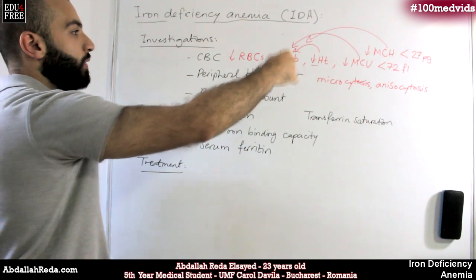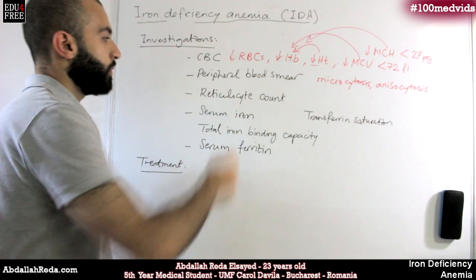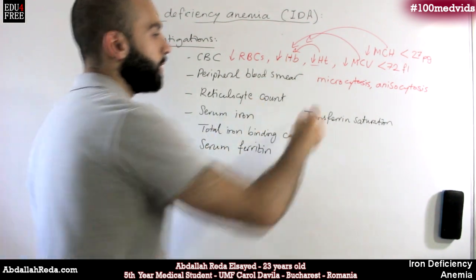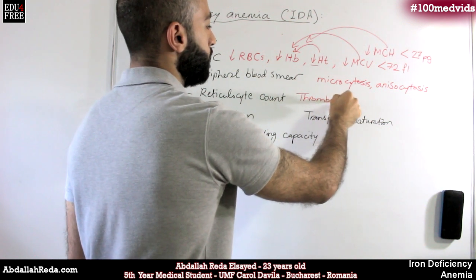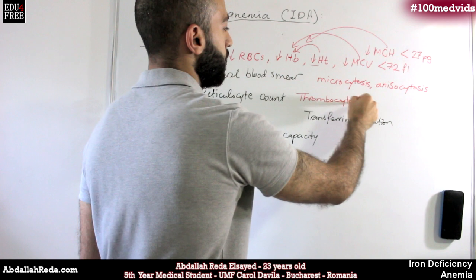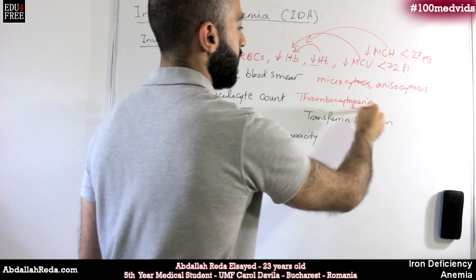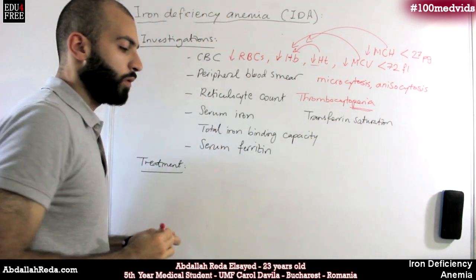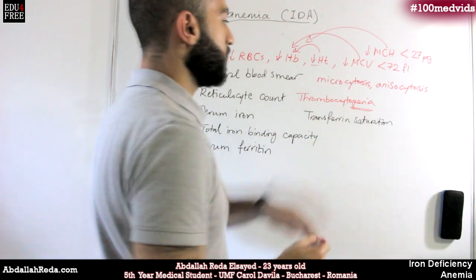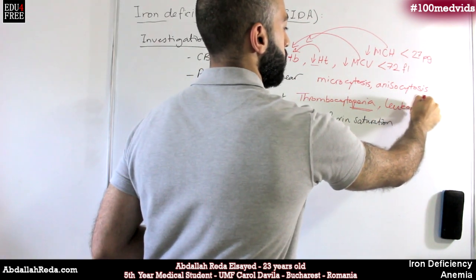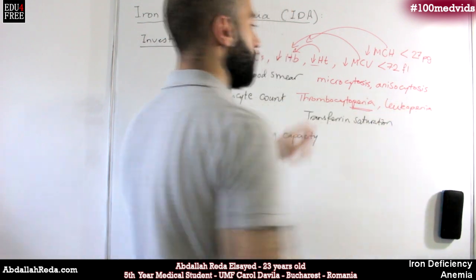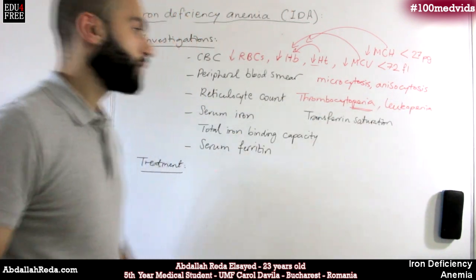So that all of this is related to hemoglobin, of course. Reticulocyte count. We would have thrombocytopenia. So penia means lack of, or a decreased number. So we have thrombocytopenia, we have leukopenia. So we have a low number of thrombocytes, we have a low number of leukocytes.